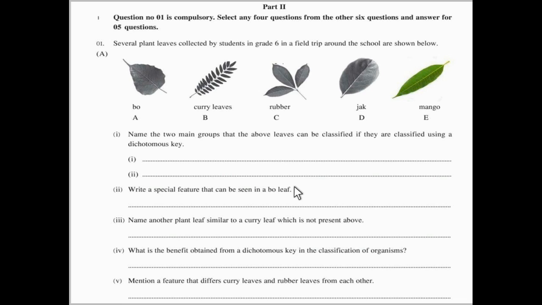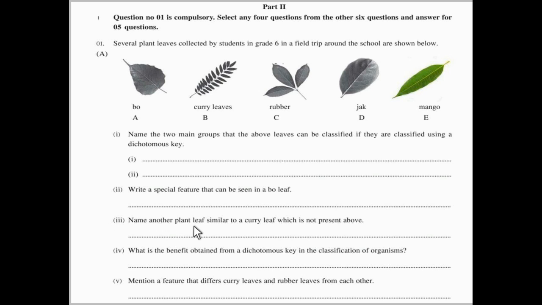What is the special feature of the bow leaf? There is a special pin here. There is a special pin. Other leaves do not have that pin. A special feature is having the pin in bow leaves.